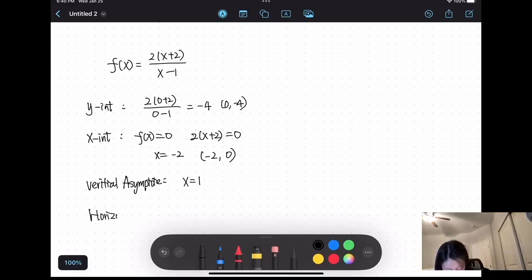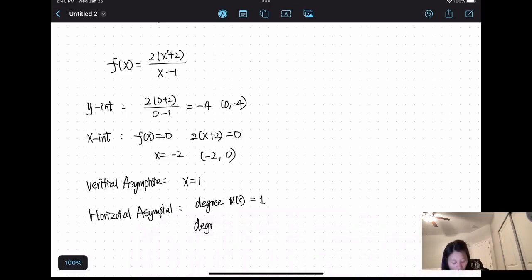So the horizontal asymptote is something that we need to discuss case by case. The degree of the numerator is equal to 1 because that's the highest power, and the degree of the denominator also equals 1.